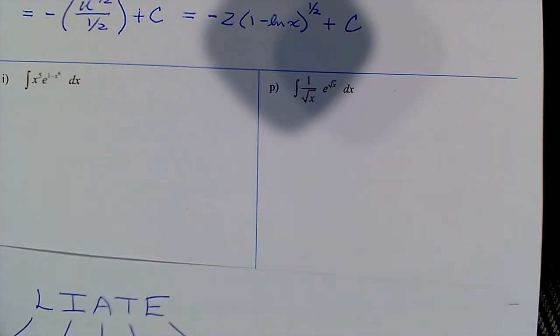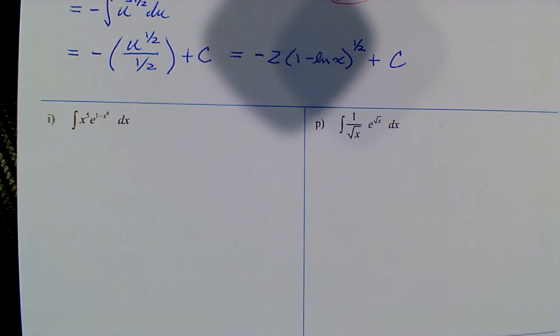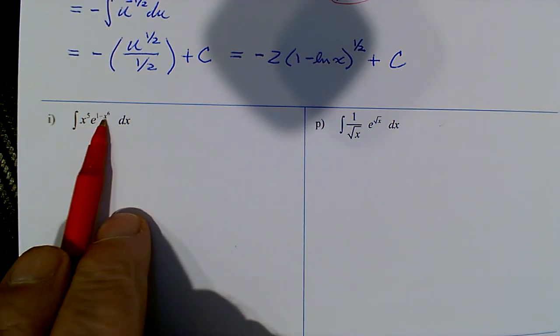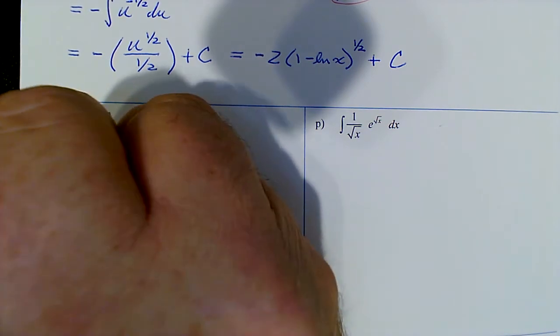And so when we look at a problem like letter I, we focus on the fact that we have a product of algebraics and exponentials. Since the exponentials dominate, we're going to try to fit the form of e to the u.